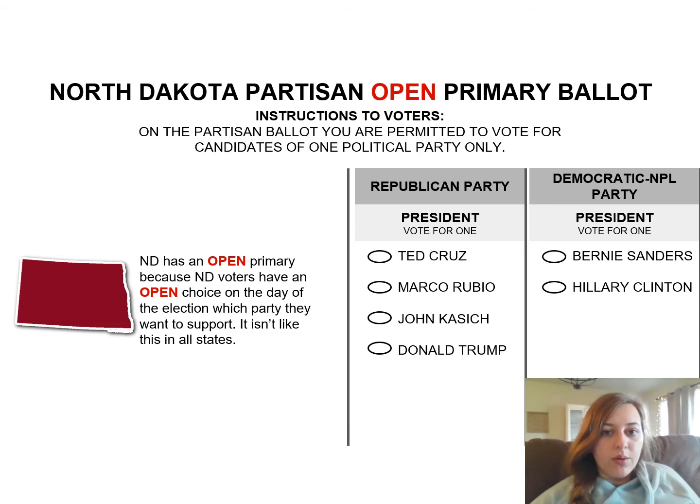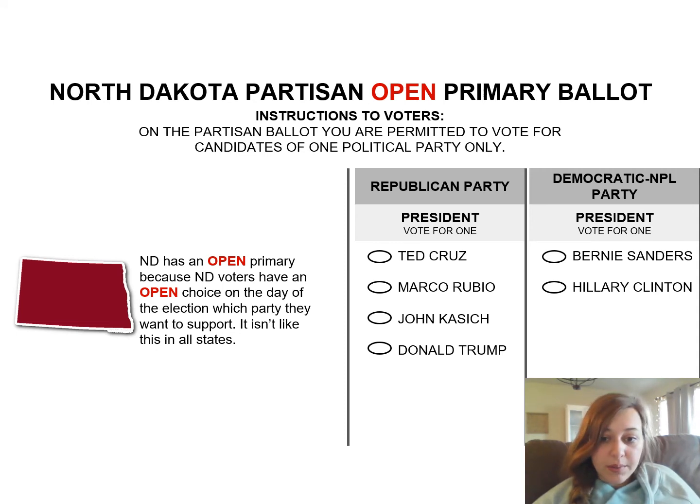So in North Dakota, we have an open primary ballot. What that means is on primary election day, we can decide which primary we want to participate in. You can't participate in both, you can't ticket split, but you can show up to the poll and participate in the Dem-NPL primary or the Republican primary.